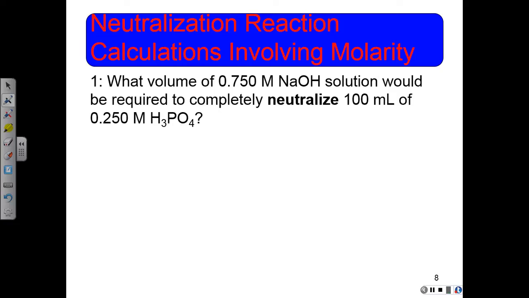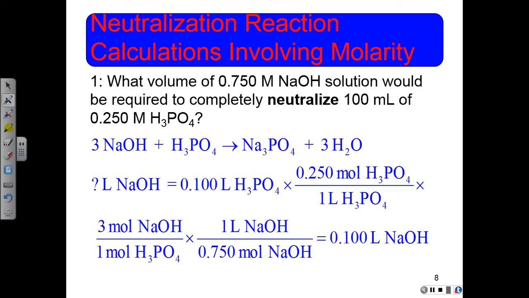Do we need a balanced equation? We're going to need an equation, right? We need to know our ratio. So that's one thing we've got to show. I've got the whole thing up here. Here's our balanced equation. We have 3 moles of NaOH for every 1 of phosphoric acid.